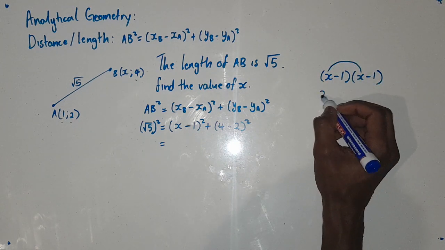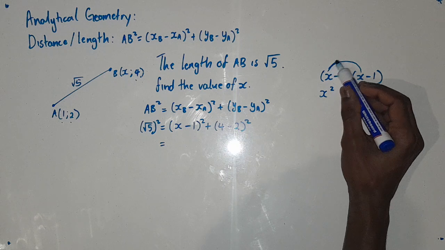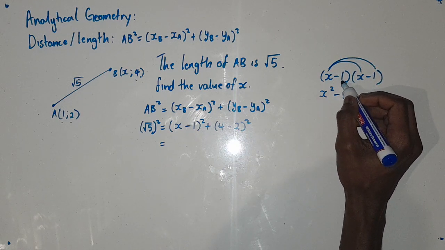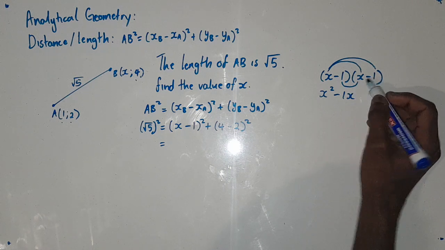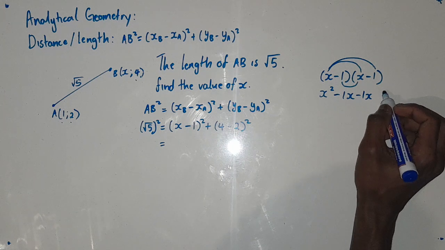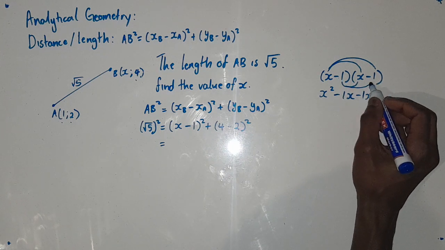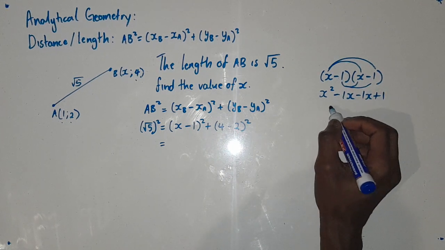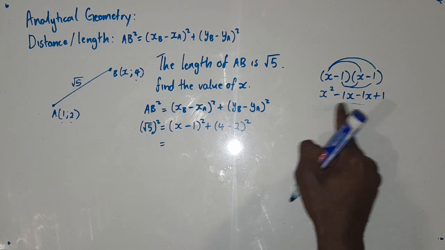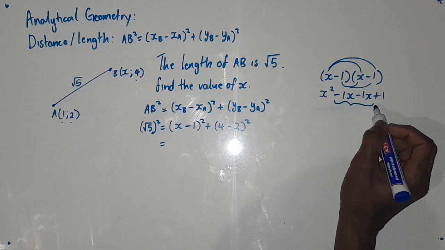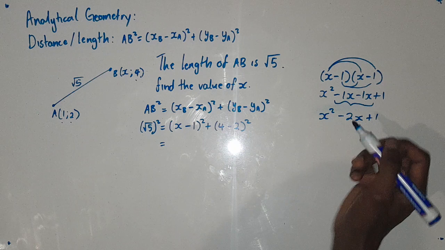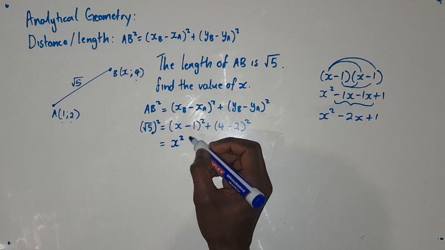x multiplied by x is x squared. x with -1 is -1x. Then negative 1 with x, you get -1x. Negative with negative is positive 1, so if we add, we get x squared minus 2x plus 1.